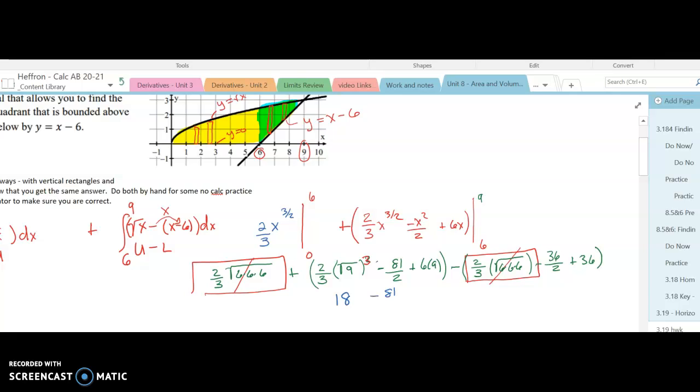We're going to leave 81 over 2, and 6 times 9 is 54. So we have minus a negative 36 over 2, so that's really plus 36 over 2. Then we have minus 36. So now we'll combine some like terms. 18 and 54 minus 36 is 36.